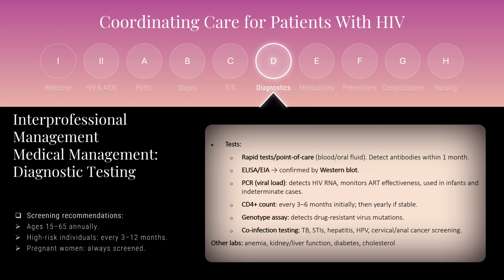Falsely high viral load levels can occur due to co-infection, like flu or other viral infections. Genotype testing at diagnosis helps detect ART-resistant HIV strains.